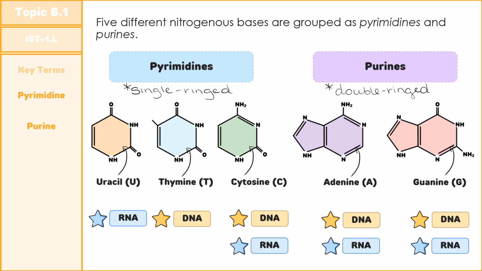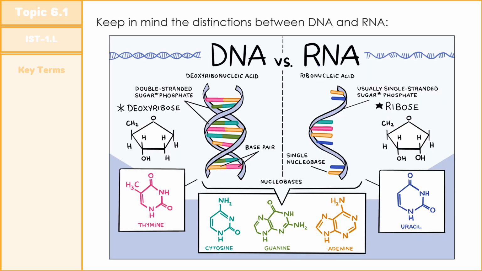If we look at DNA and RNA just in general, another big thing that we can differentiate them on, aside from the sugar and the differences in the nitrogenous bases, is that DNA is a double helix.